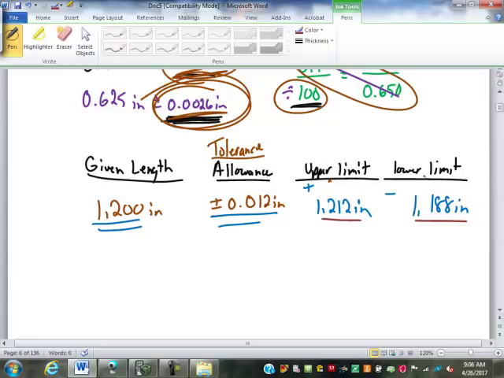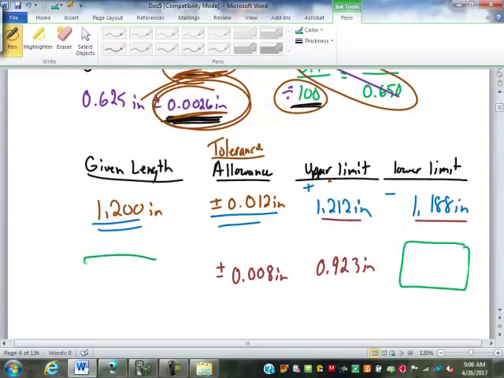What if I give you that the allowance is plus or minus 0.008 inches, and the upper limit is 0.923 inches. Find lower limit given length.